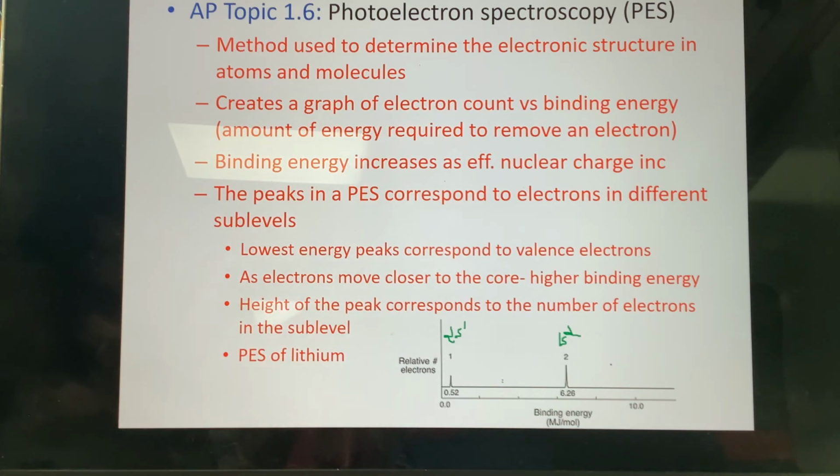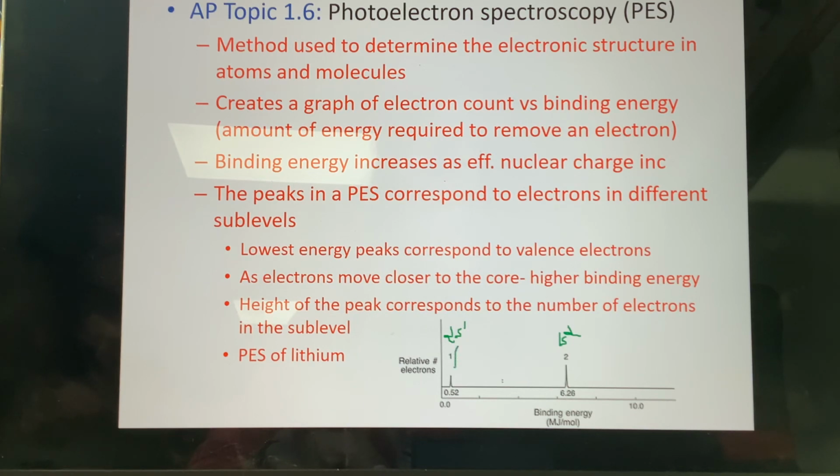The energy level closest to the nucleus will always have the highest binding energy. So again, just pay attention to the direction of the x-axis, and the ones that are higher energy are the ones that are closest to the nucleus. The lowest energy ones have lower binding energy. So that's lithium's electron notation, 1s2, 2s1.